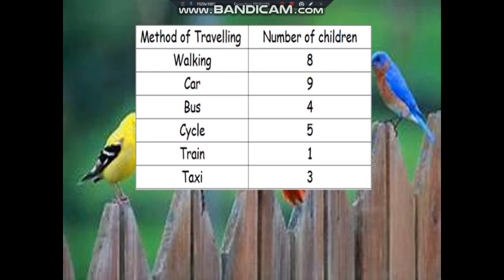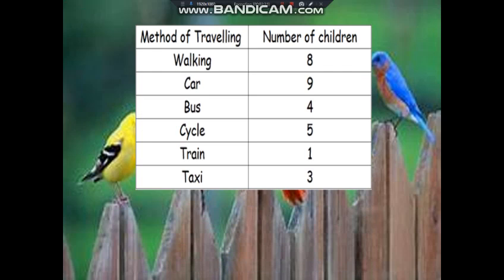Now tell the number of students using car and cycle. So your answer will be 9 plus 5, that is 14. And if it is asked, tell the maximum number of students using the mode of traveling, your answer will be car.